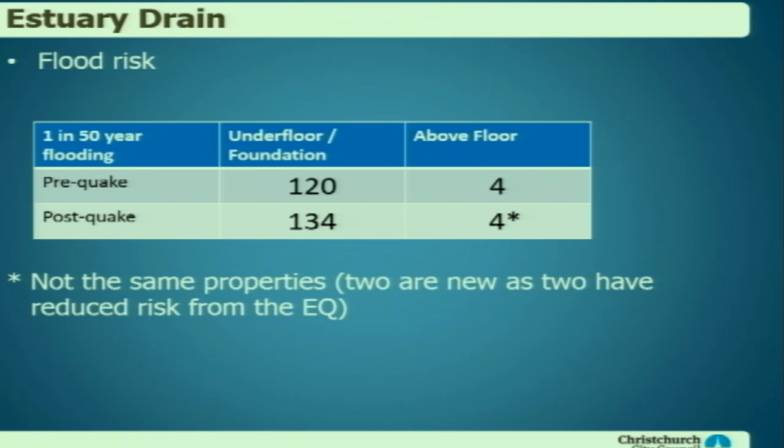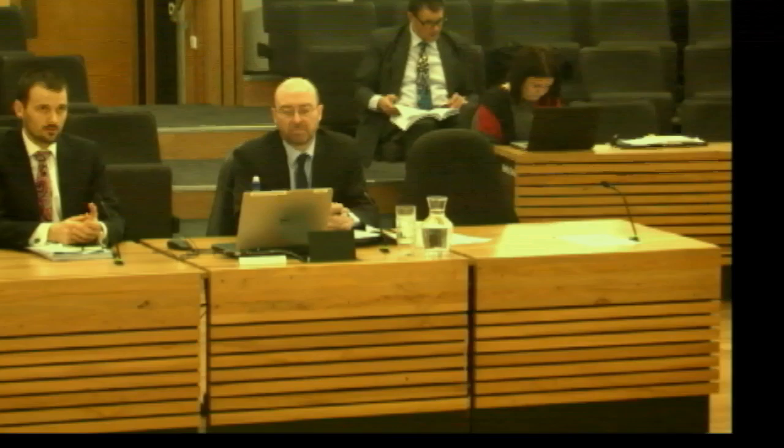But there are very few houses at risk of above floor flooding, which we estimate from combining our flood hazard results and the floor level survey results. We had 4 pre-quake and 4 post-quake, but they're not the same 4. Two houses have actually been improved by the earthquakes and 2 new ones have come on. It's those 2 new ones that are the target of that limited remediation work.